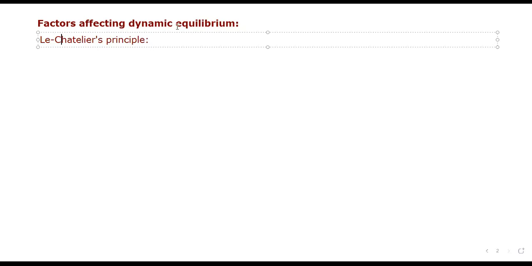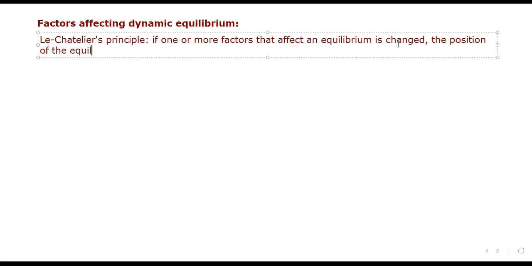So he said, if one or more factors that affect an equilibrium is changed, the position of the equilibrium shifts in the direction that opposes the change.